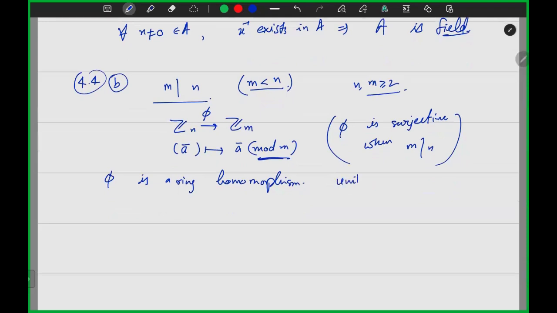So phi of units is a subset of units of Z_m. So it restricts. I'm also writing the restriction map as phi: Z_n star to Z_m star.